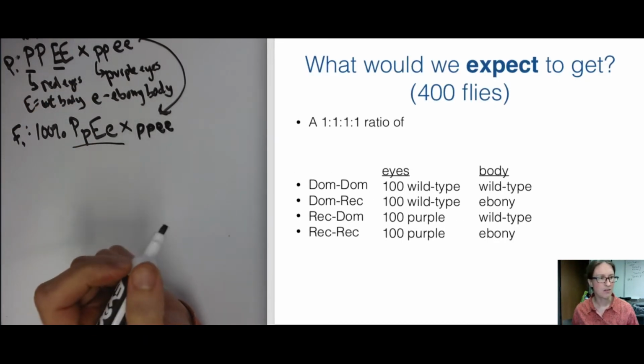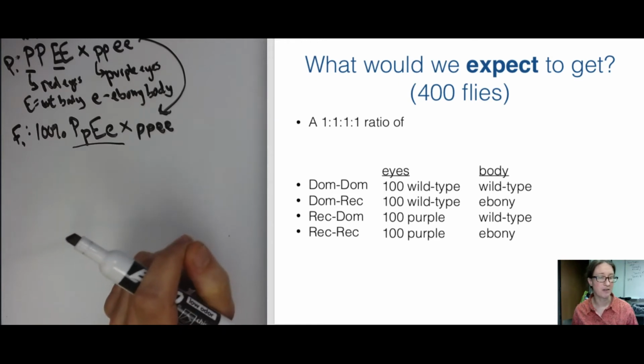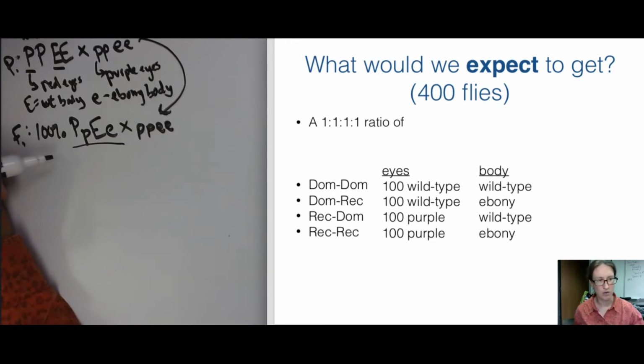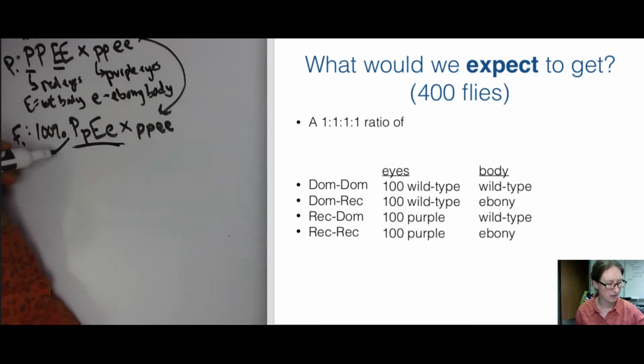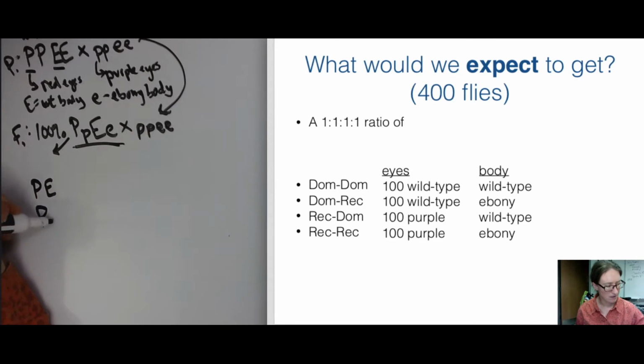Okay, and so let's think about what we'd expect to get. And we could go through and draw out a Punnett square. I might not go quite that far, but we'll get close to it. So parent number 1 can make 4 types of gametes, right? So big P, big E, big P, little e, little p, big E, little p, little e.